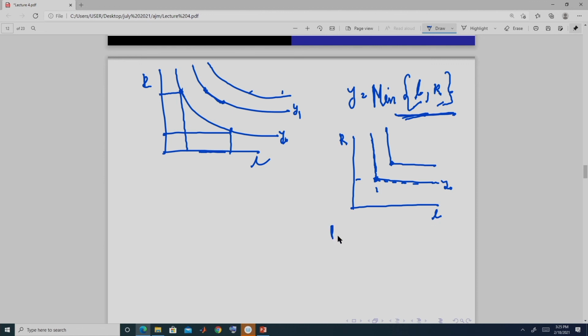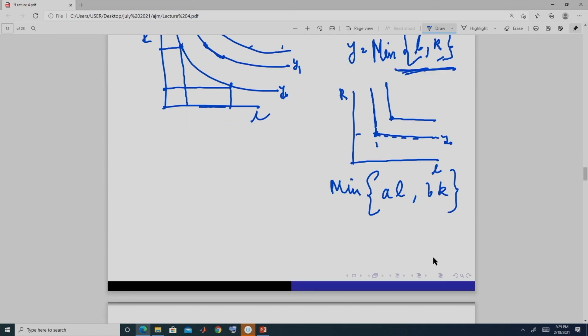But instead, suppose our production function is A L and B K. Then here also it will be again something like this, but they will be required in a ratio.